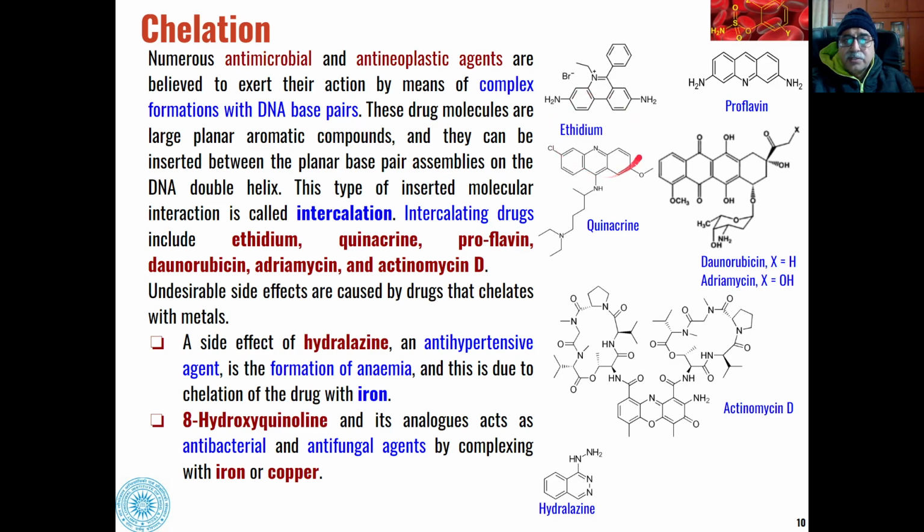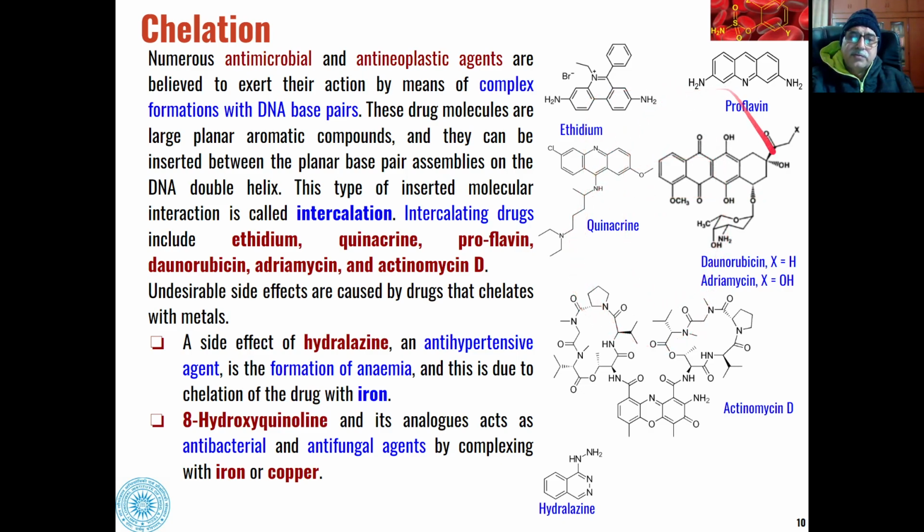The most commonly used agents are ethidium, proflavin, quinacrine, daunorubicin, adriamycin, actinomycin D, then hydralazine. So all these compounds, or drug molecules, you can see they have a large planar aromatic structure, right?